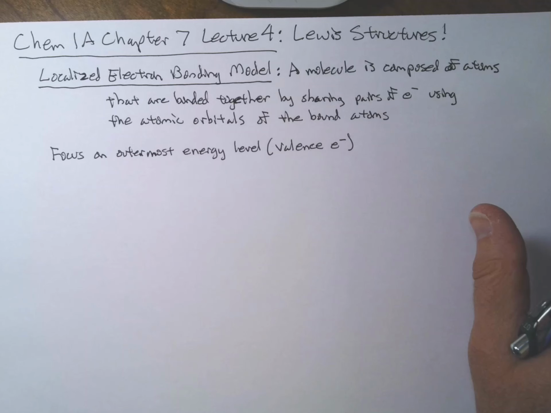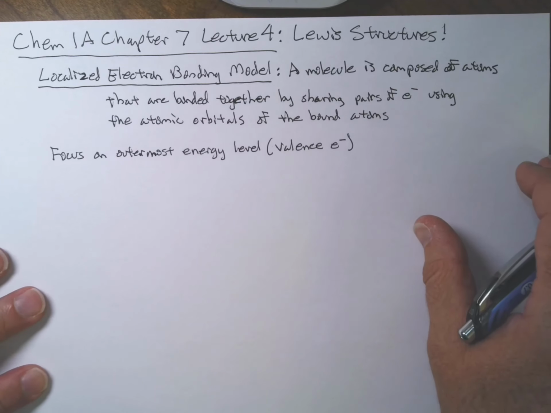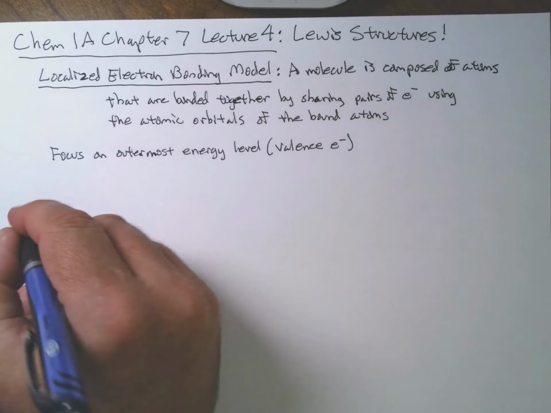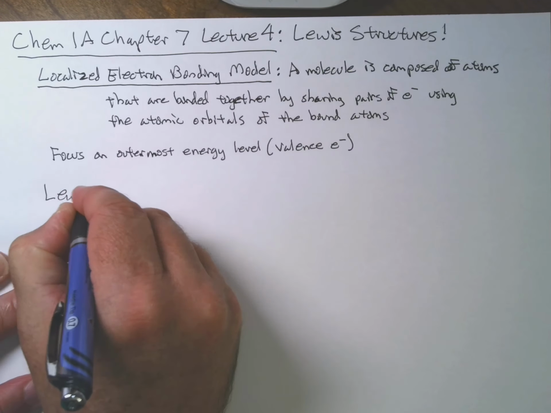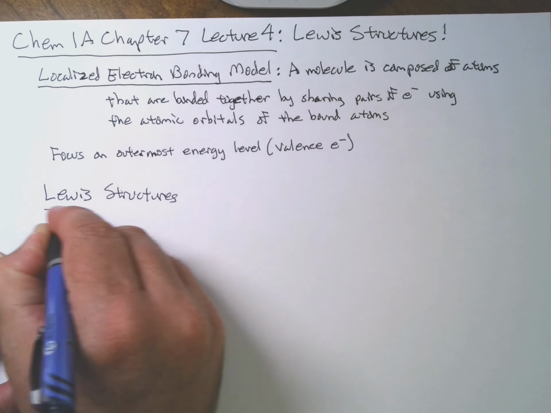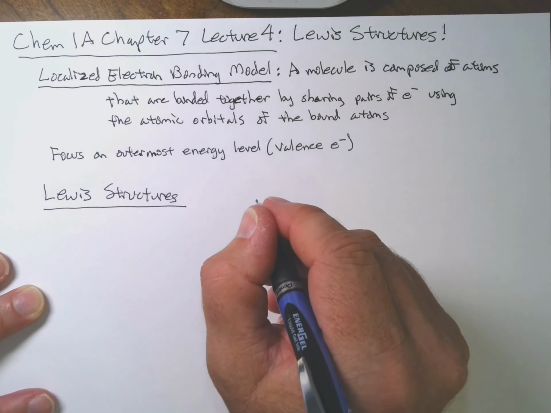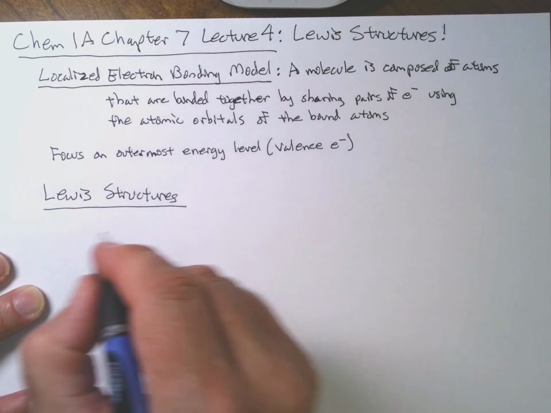Okay, now there are some rules. Lewis structures are going to show how the valence electrons are arranged among atoms in a molecule.